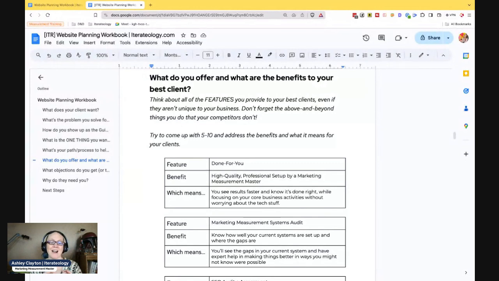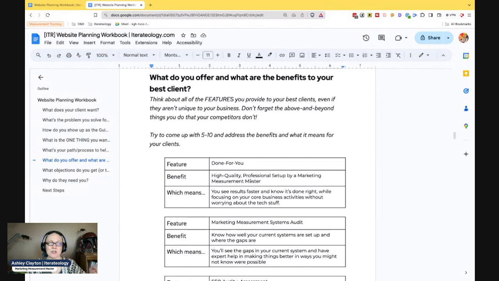So that's why taking it a step further is, this is done for you. So you get the benefit of a high quality professional setup by a marketing measurement master, which means that you're actually going to get faster results, know it's done right, and you get to focus on your core business activities while I take the tech and the analytics piece off your plate.